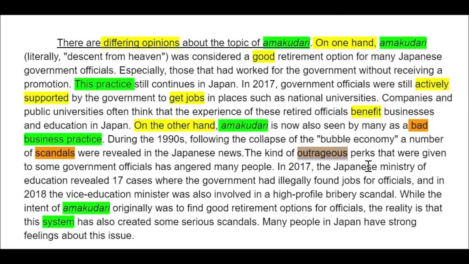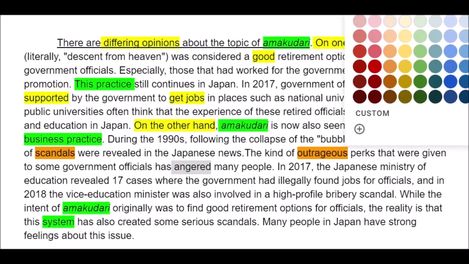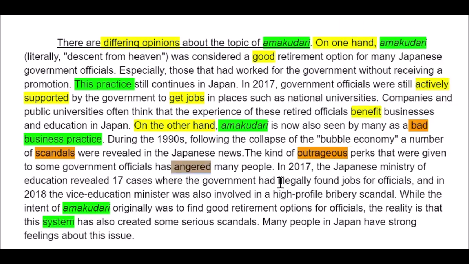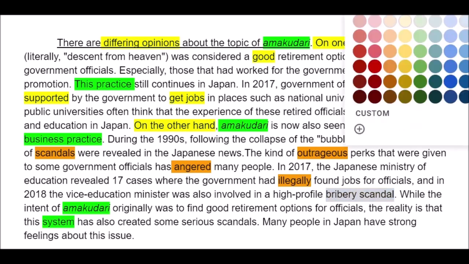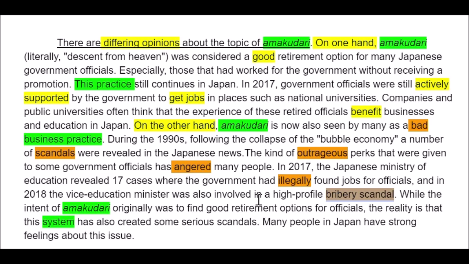Again, if you don't know these words, check a dictionary. They're very, very common. Angered is another one. And there's more: illegally. Another very important word you should know, because these are bribery, scandal. These all appear in newspapers very, very frequently.